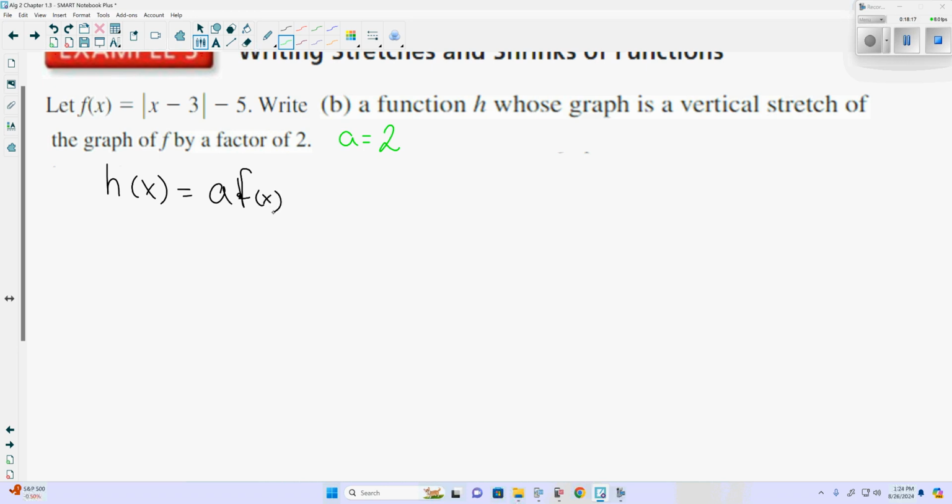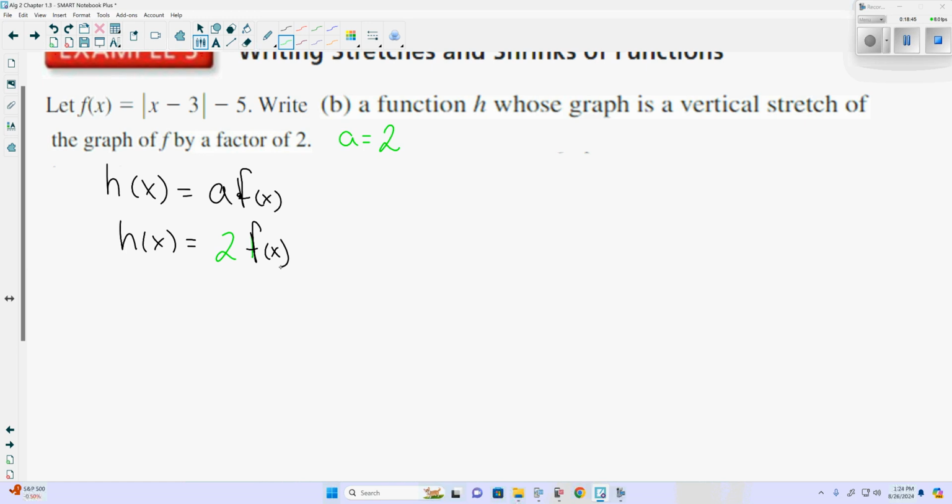You can put the multiplication dot there if you want. Don't have to have it. A times f of x. A or multiplication dot f of x are the same thing. Now what's our value of a? 2. So we have 2 times f of x, or 2f of x. We're multiplying f of x by 2.